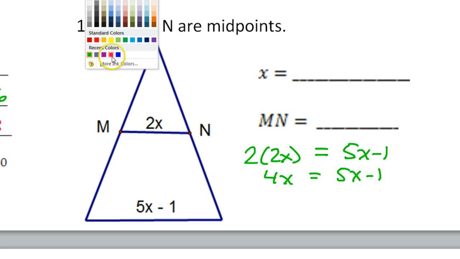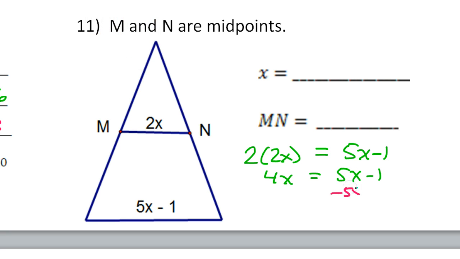If I subtract 5x from both sides, then I find myself with negative x is equal to negative 1. So then we just divide both sides by negative 1, and that gives us x is equal to positive 1. And if x is equal to 1, that makes this just 2 times 1, which is 2. So MN is 2.